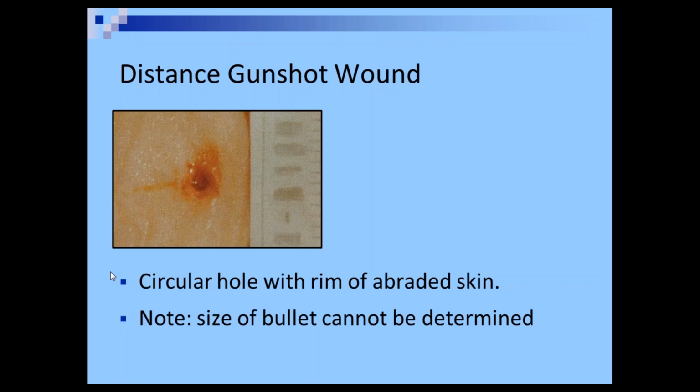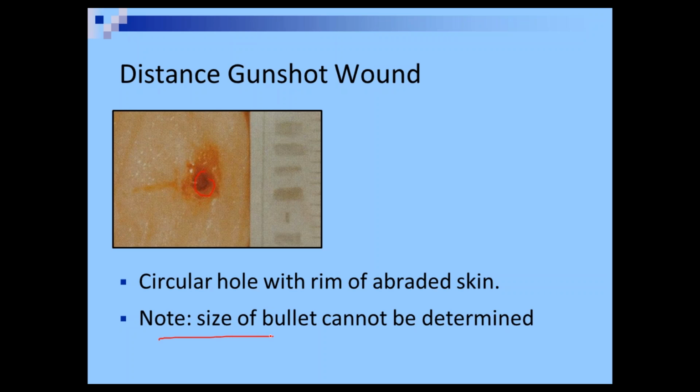So you can see for the distance gunshot wound, here is the hole, and the bullet does not create black and burned skin, but it does create a bruise around where it entered. It's also worth noting that the size of the hole doesn't tell you what gun made it.